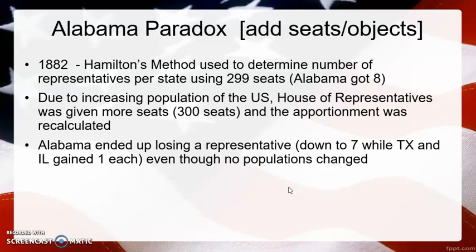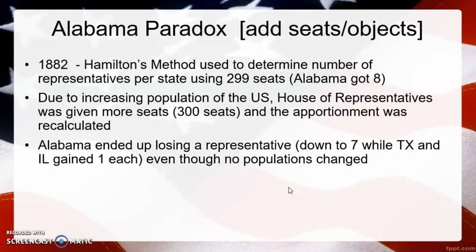Due to increasing population within the U.S., the House of Representatives was given more seats, so 300 total. You'll see that the seats increased by 1, and then the apportionment was recalculated. By doing so, Alabama ended up losing one of its representatives, even though no populations changed between Texas and Illinois.